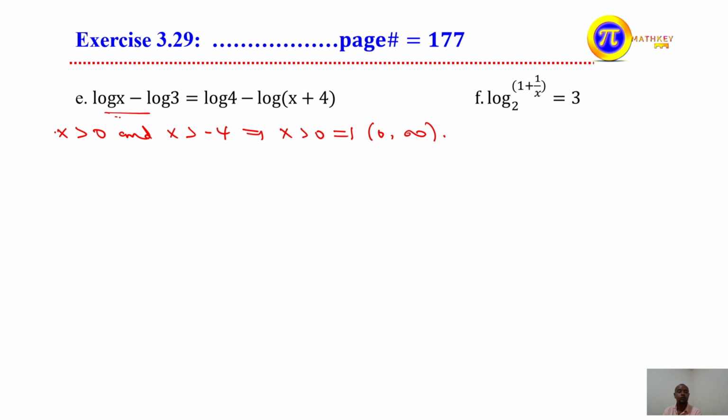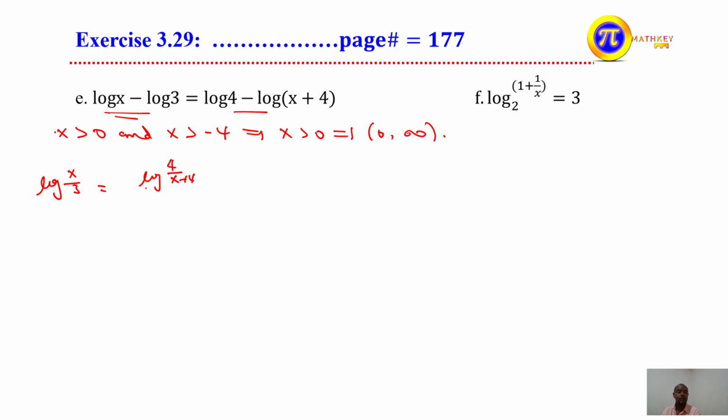If that's so, we can solve this one. This is the difference of logarithms, so we can divide: log of x divided by 3 is equal to log of 4 over x plus 4. In both cases there is no base, which means it is the common logarithm with base 10.